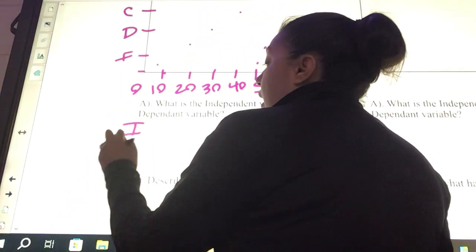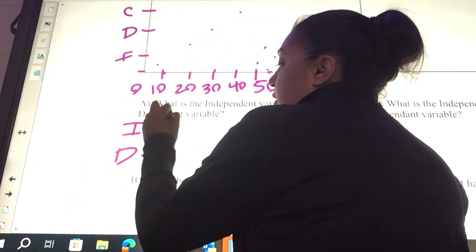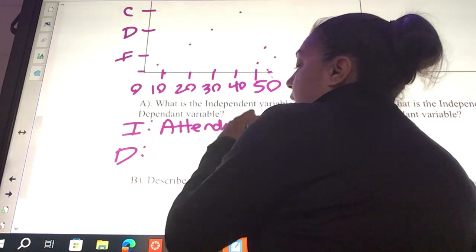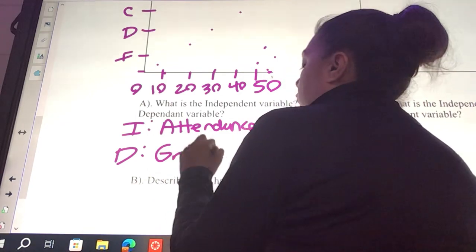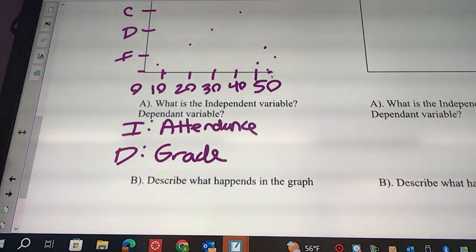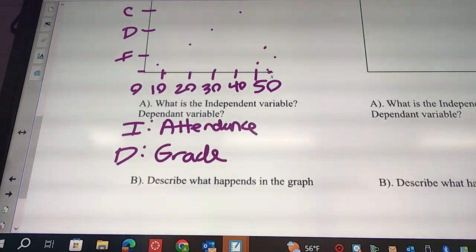Attendance depends on what grade we have, typically. Now, I like to say that because there's always that one smart aleck that says, well, you can not come and still have a good grade. Yeah, you can. But usually, your attendance is directly correlated with your grade. We got 2 left.